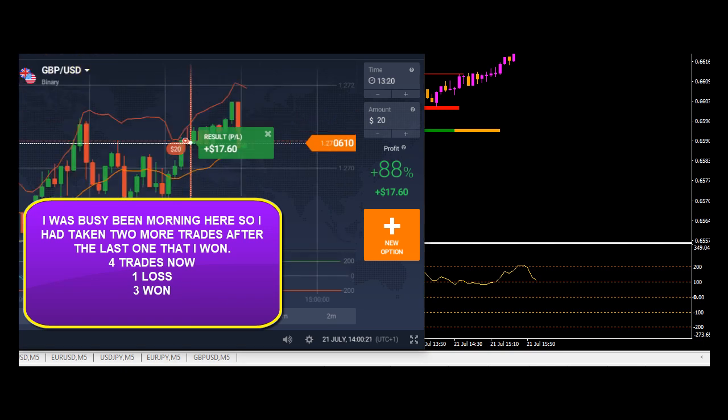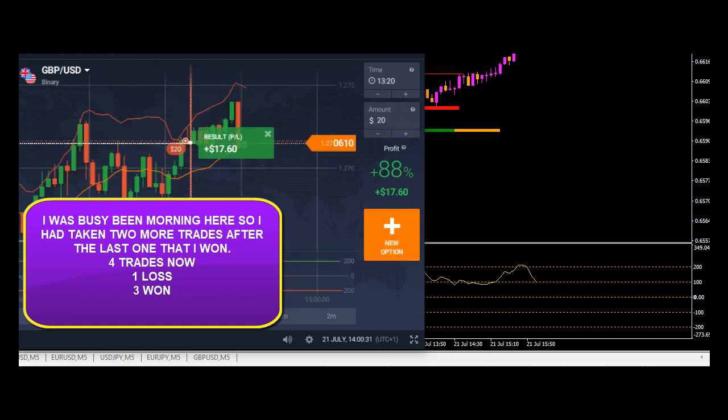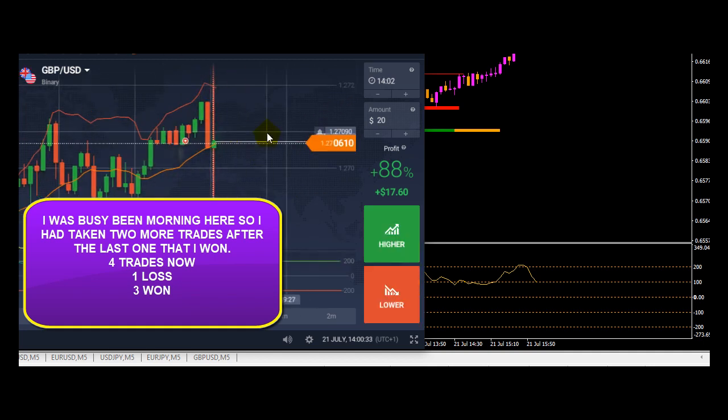The second trade I won that you didn't know, and this is the third trade I just won also. Three trades won, one loss. I'm going to pick one more trade before you guys with the signal. I hope you guys understand how it works. It's very simple.